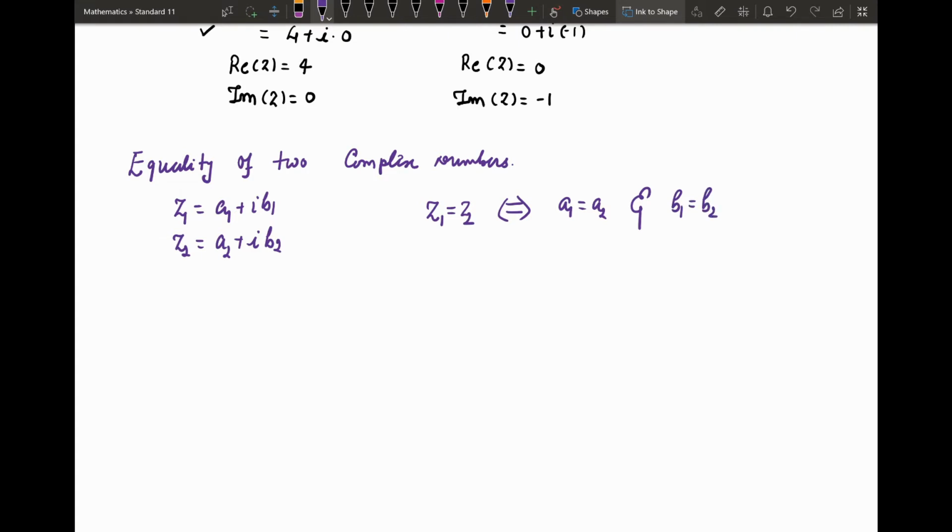So we define two complex numbers to be equal if and only if their real parts are equal and their imaginary parts are equal.